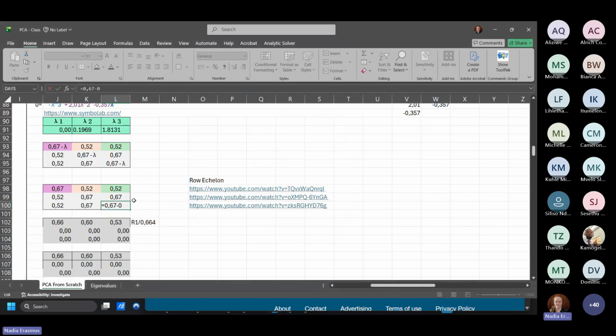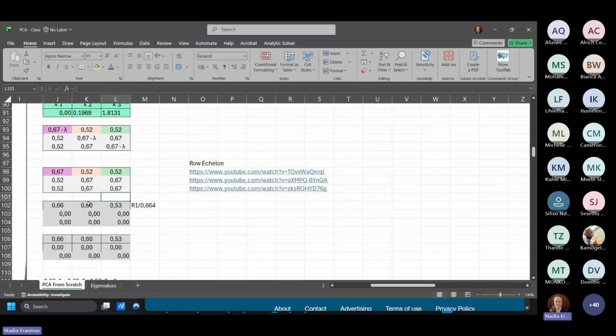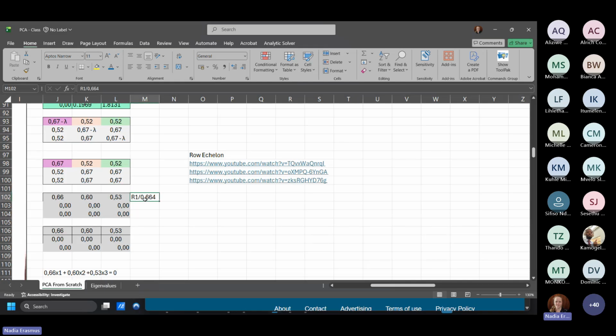Then we're going to use row echelon form. Row echelon form is basically when you see two rows that are exactly the same. So row 1 stays the same, and rows 2 and 3, you subtract from each other.